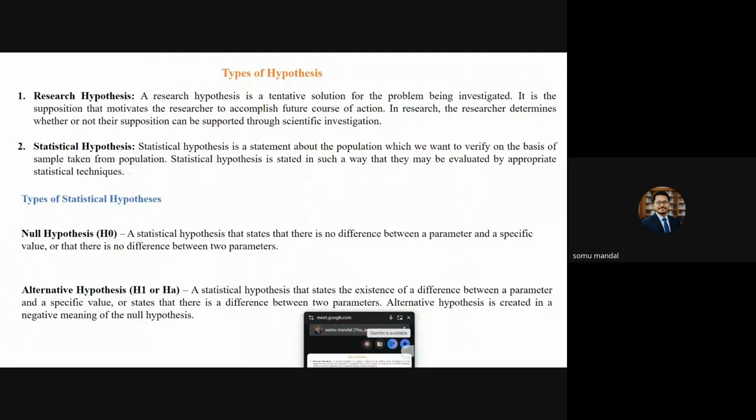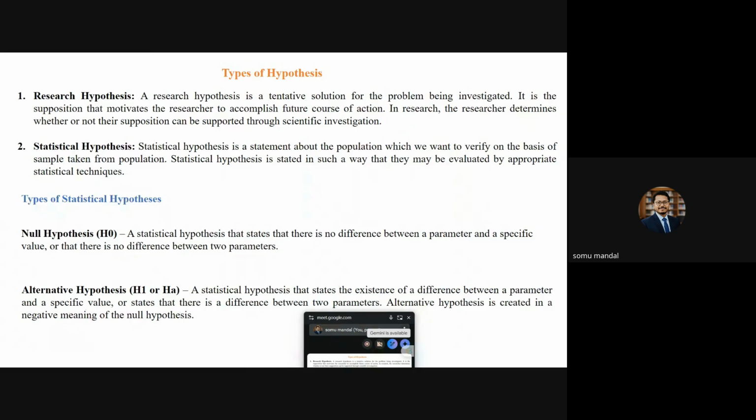In that case, you go to the field, collect the data from the farmers, and then apply the statistical hypothesis. There are two: the null hypothesis and the alternative hypothesis. Null hypothesis means we are going to find out there is no difference, no impact between the parameter and a specific value.